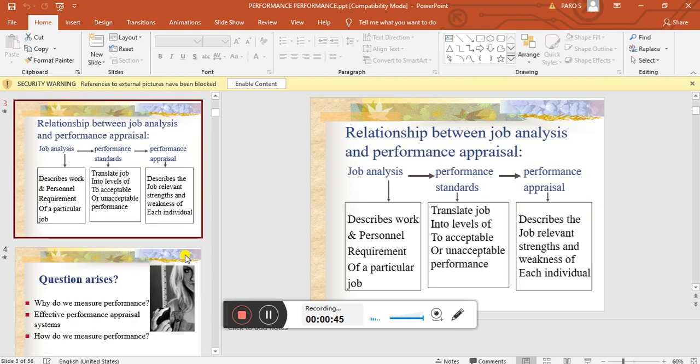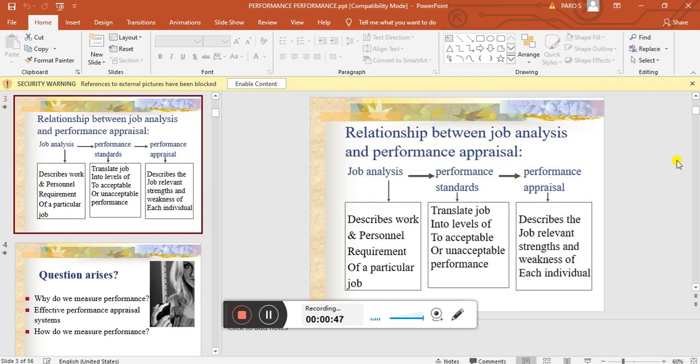So we have to discuss what is the relationship between job analysis and performance appraisal. Basically, when we are talking about job analysis, this describes the work and personnel requirements of a particular job, because in this process we have to analyze the job. Then we have to set some standards.